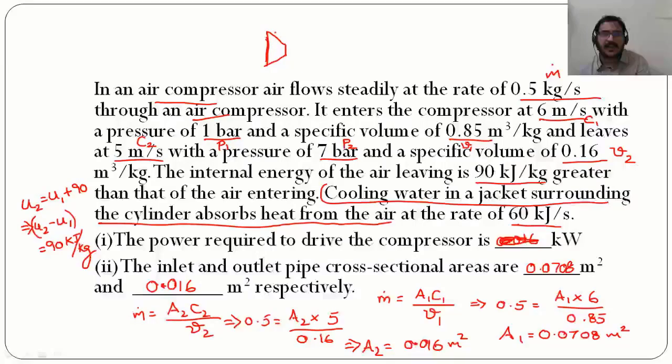There is a cooling water jacket around the compressor. So this cooling water jacket is absorbing heat from the air compressor. Air compressor is the system, cooling water jacket is the surroundings. So surroundings are absorbing heat from the system means heat is rejected. Q1 to 2, heat rejection is minus 60 kilojoule per second. That you have to consider.